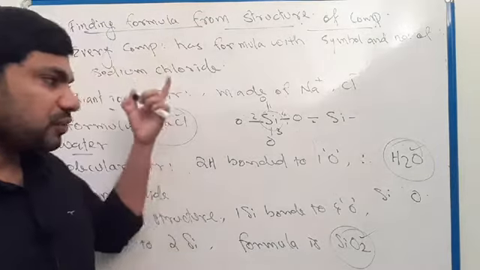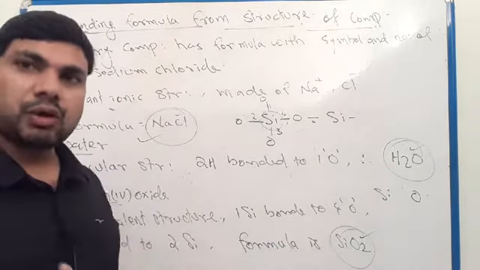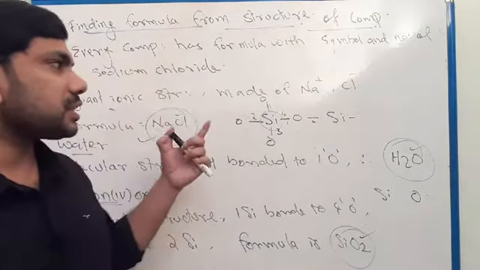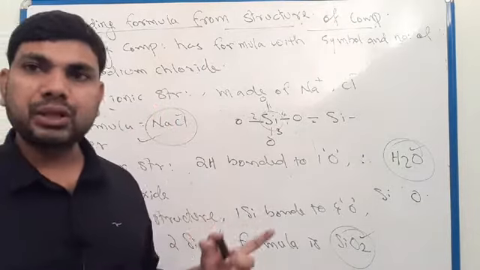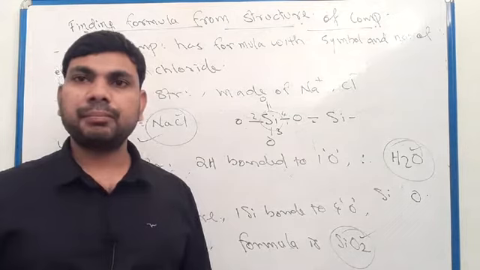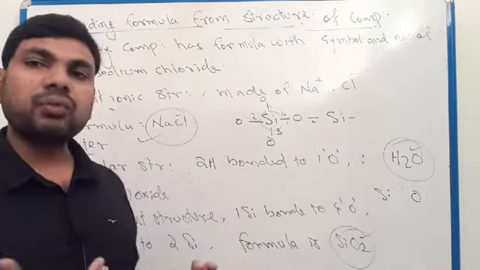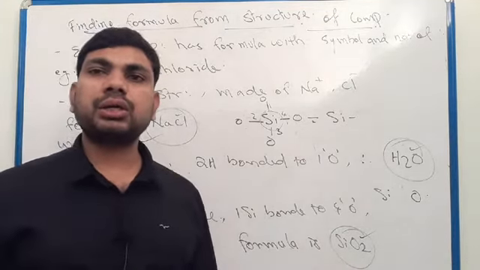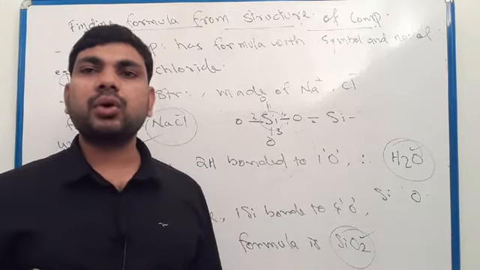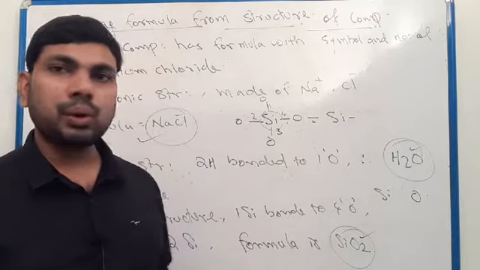So according to the structure of the compound, we can make the formula. Here we discussed sodium chloride, which contains Na plus and Cl minus, so the formula is NaCl. And water has covalent bonds and molecular structure, a molecule which contains 2 hydrogen and 1 oxygen, so it is H2O.